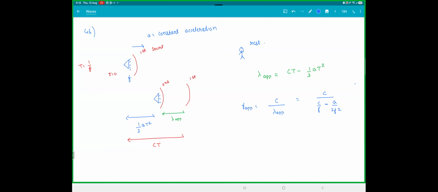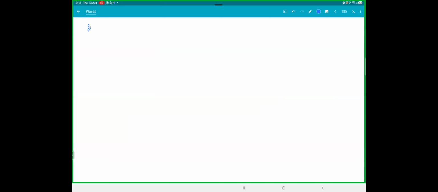The next thing. Now, if you see here, everything was going in a line. What if your source and observer are not along the same line? If source and observer are moving at angles.